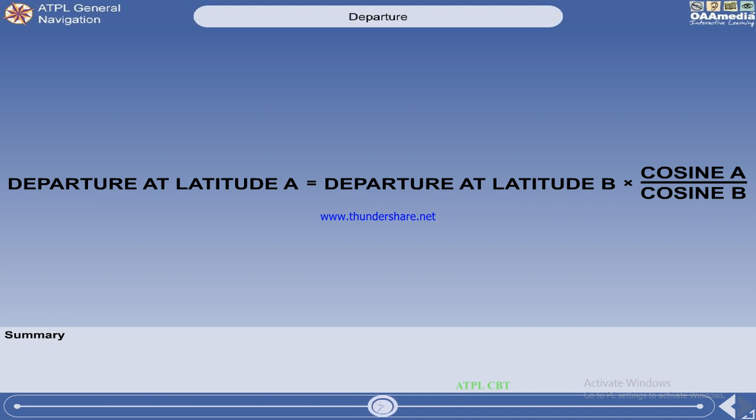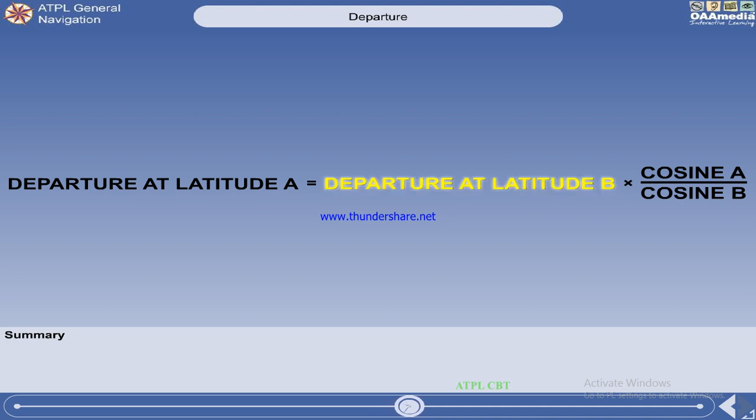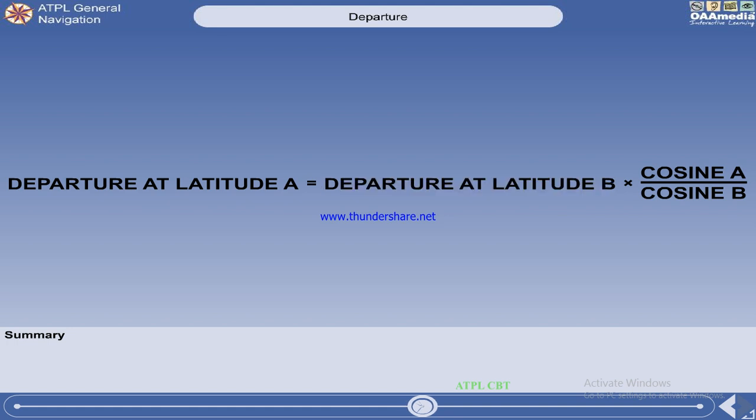If you use it in this form, remember to choose latitude B as the one you know the departure for. This means that you can solve for latitude A without any further rearrangement of the formula.